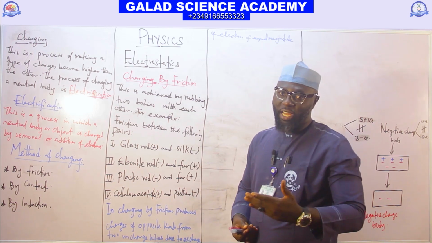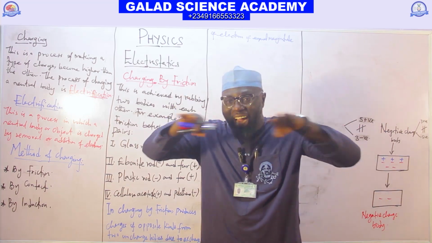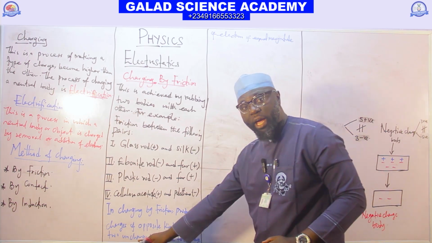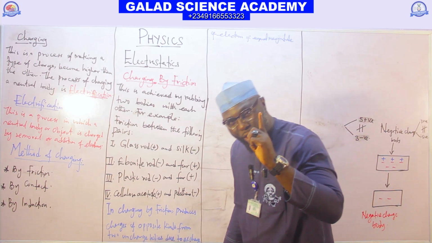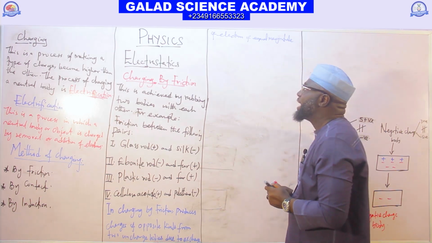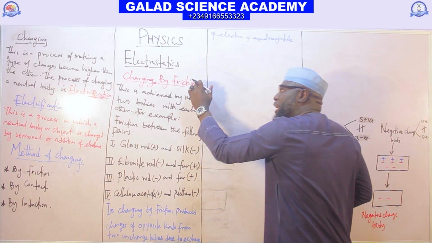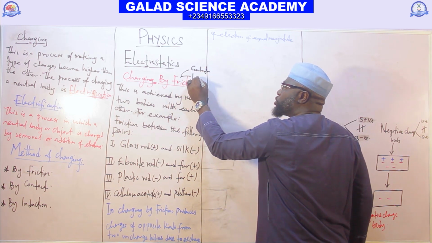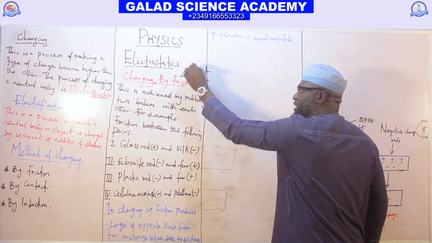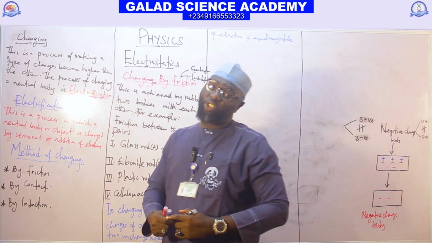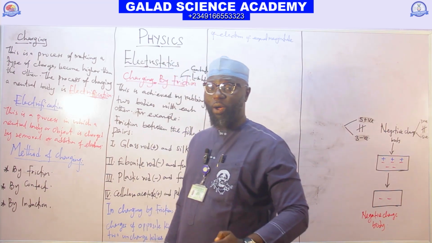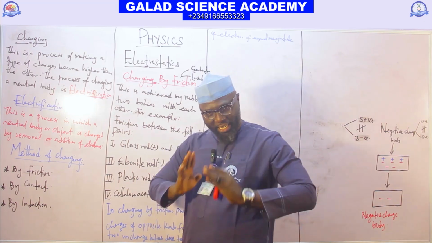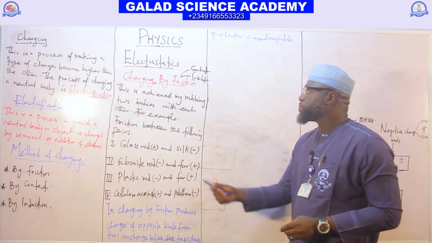So when we charge by friction, at the end of the day, charges of opposite kind are produced from uncharged bodies. And one more thing: charging by friction occurs between a conductor and an insulator. Please note that too. Charging by friction takes place between a conductor and an insulator, and it produces charges of opposite kind. That is all about charging by friction.